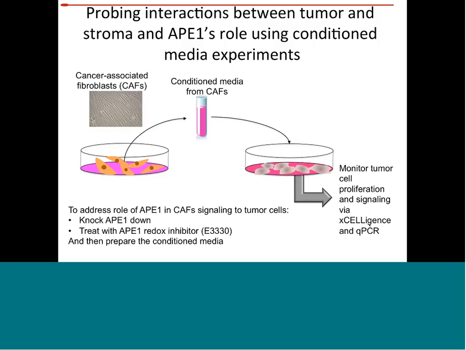Basically, we can take the fibroblasts and knock APE down in those cells and then put them onto the tumor cells and see if they still grow. Or we can treat the fibroblasts with our redox inhibitor and show that when the fibroblasts have been treated, they no longer secrete the things that are important to stimulate proliferation. And I've been using xCELLigence to do that.